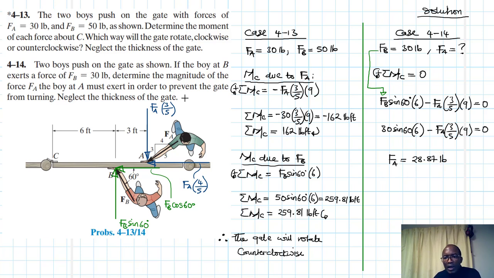Okay, I repeat again. So 3 over 5 times 9, then we have 30 sine 60 times 6, then that divided by the answer, 28.87. So this is the value of FA that will cause the summation of moments about point C to be equal to 0, or this is the force of FA that will make the gate not turn.